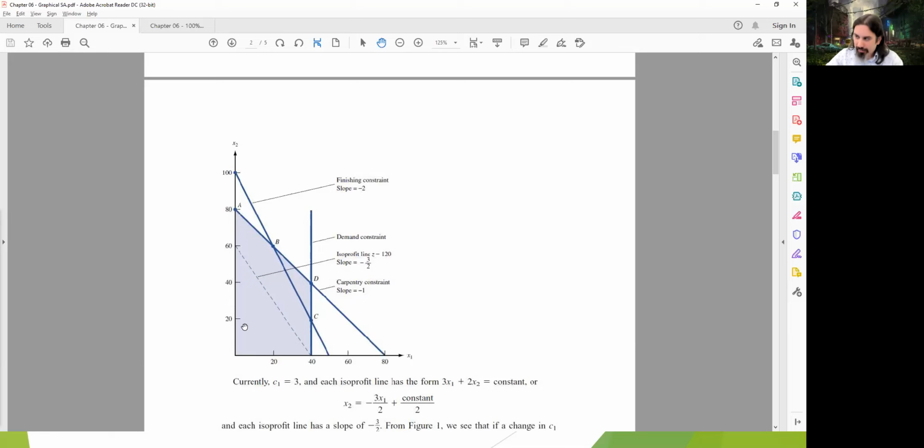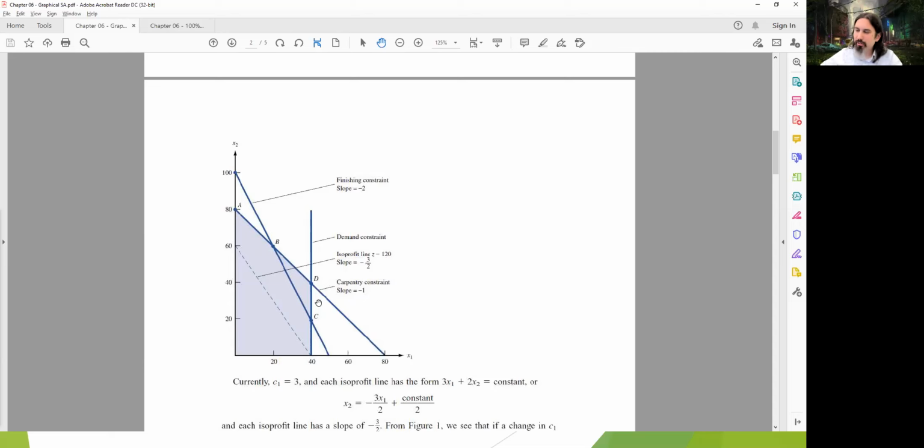Now, in this shaded area only, not the top side, I know that B is my optimal solution because this here is my isoprofit line, and as it exits the shaded area, it touches B as the last point that it can touch. I know that I have three different constraints here: the finishing constraint, the carpentry constraint, and the demand constraint, with different right-hand side values.